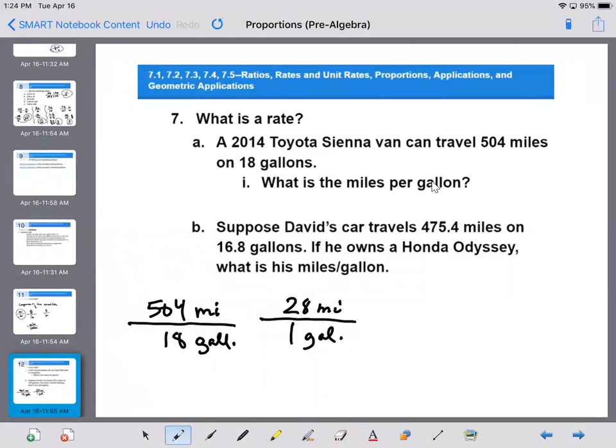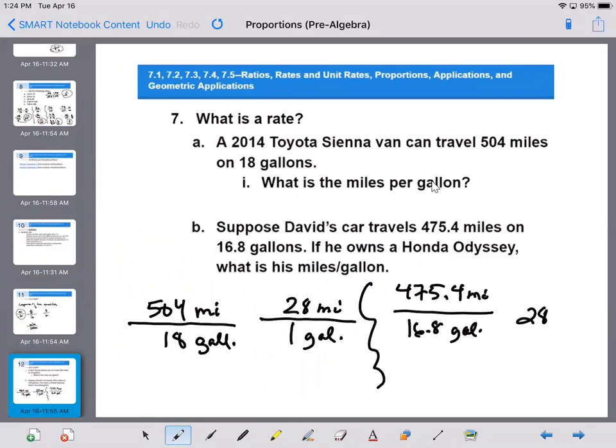And then if David owns a car where he gets 475 and 4/10 miles per 16 and 8/10 gallons, we just divide 475 and 4/10 by 16 and 8/10, and you're going to get about 28 and 29/100 miles per 1 gallon.